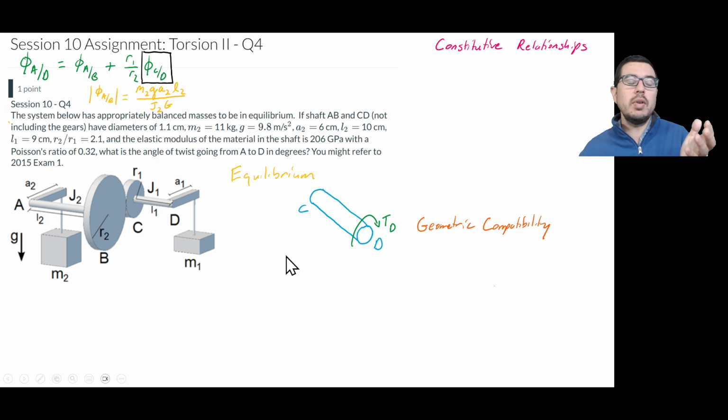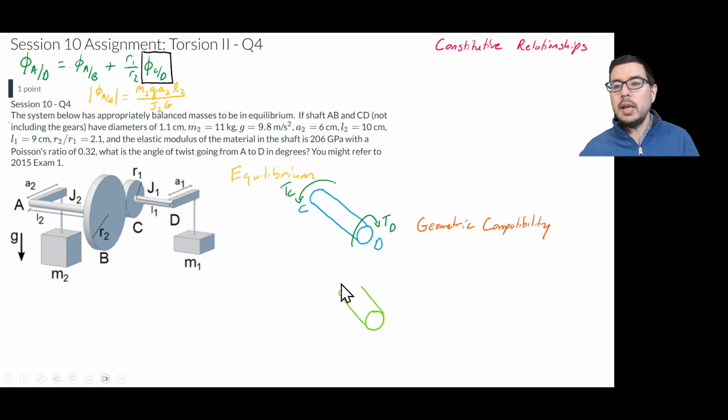I don't necessarily have to follow a convention when I draw that torque. That TD is going to be in that direction because you see there's an M1g and an a1 lever arm here that's pulling on it. There's going to be another torque, TC, acting in the opposite direction as TD. And so we know that TC and TD are going to be the same along this shaft.